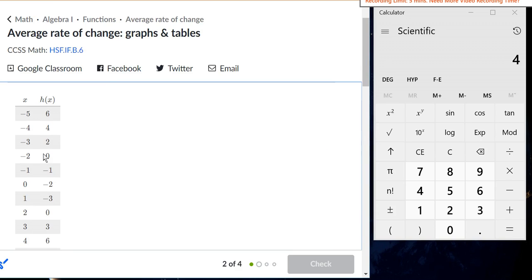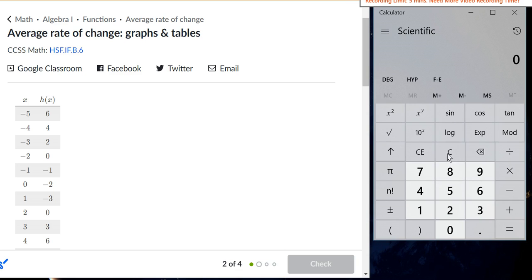So -3 to 1. I'm going to say -3, +1. That is from 2 to -3. If I did my calculation, I would see -3 minus 2, y2 minus y1, equals -5 divided by x2 minus x1.